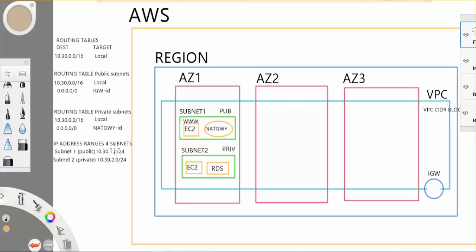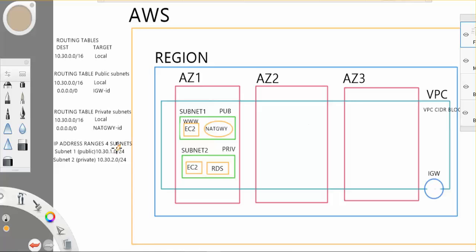Remember yesterday I said that whenever you have a byte, that byte can be from 0 to 255. That represents 256 different values. So what is going to happen here is that we're going to have a certain number of IP addresses that are going to be available for anything that you place inside of that subnet.